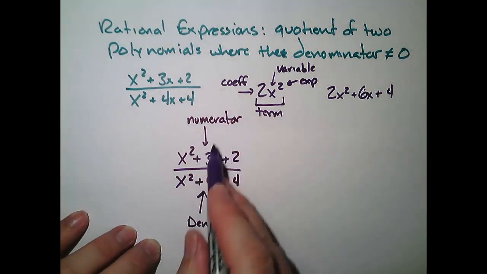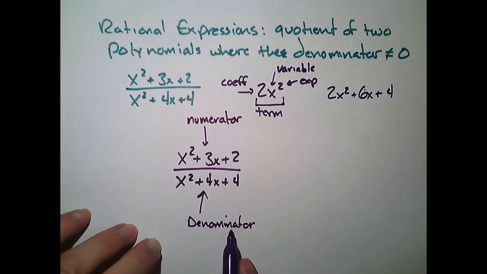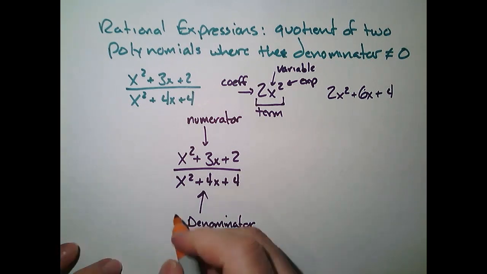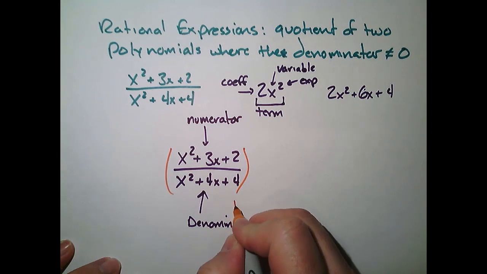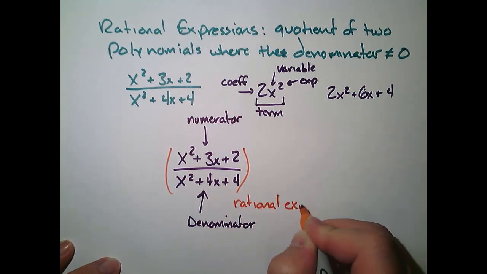Think about the numerator as the thing being divided, the denominator as the thing doing the dividing. And this by itself is a rational expression.